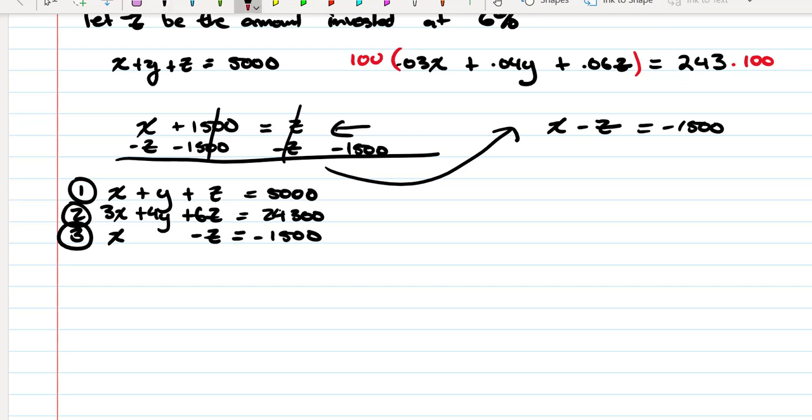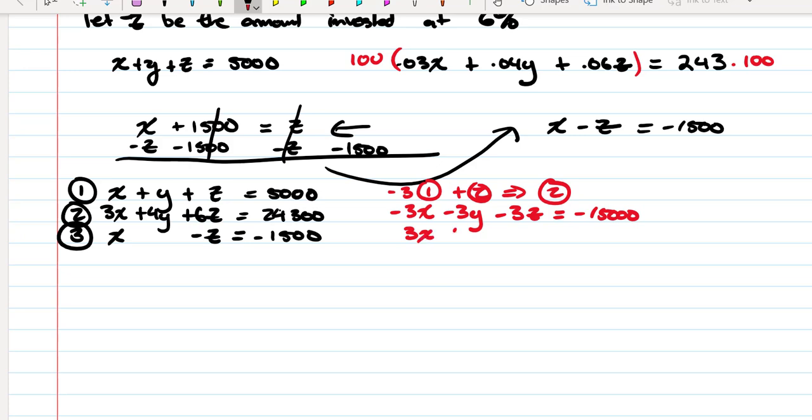So now I'm going to do negative 3 times equation 1 plus equation 2 to replace equation 2. So that's negative 3x minus 3y minus 3z is equal to negative 15,000. And I don't need to do anything to equation 2. It's 3x plus 4y plus 6z equals 24,300.